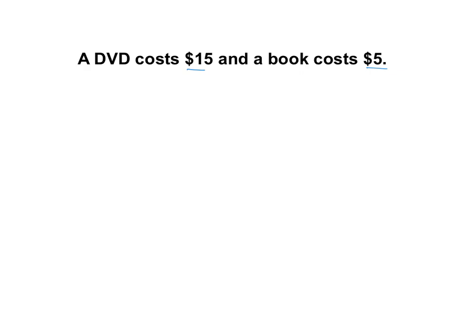Well, let's see. I know that I can skip count by 5 to get to 15. So I have 5, 10, 15. I skip counted 1, 2, 3 times. So that means that 5 times 3 equals 15.